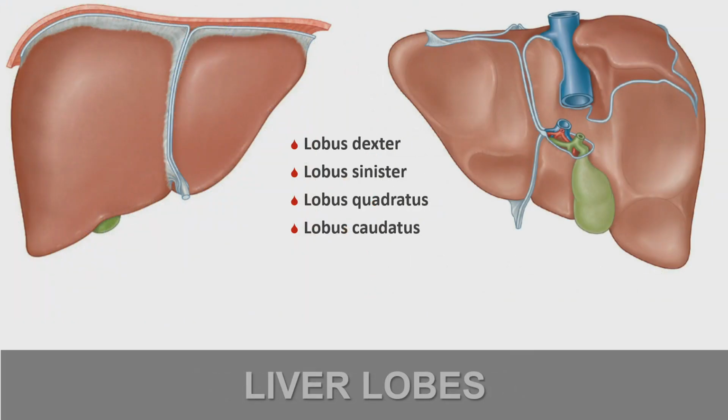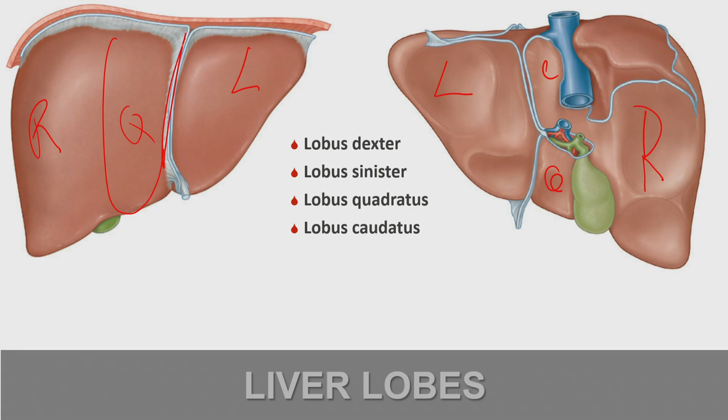On the macrostructure, we have lobes. I have said that we have a dexter, right lobe, the left lobe, and here we have the quadrate. The quadrate is also seen on the surface, but it is not divided by an outside structure on the anterior surface of the liver, and here is the caudate.